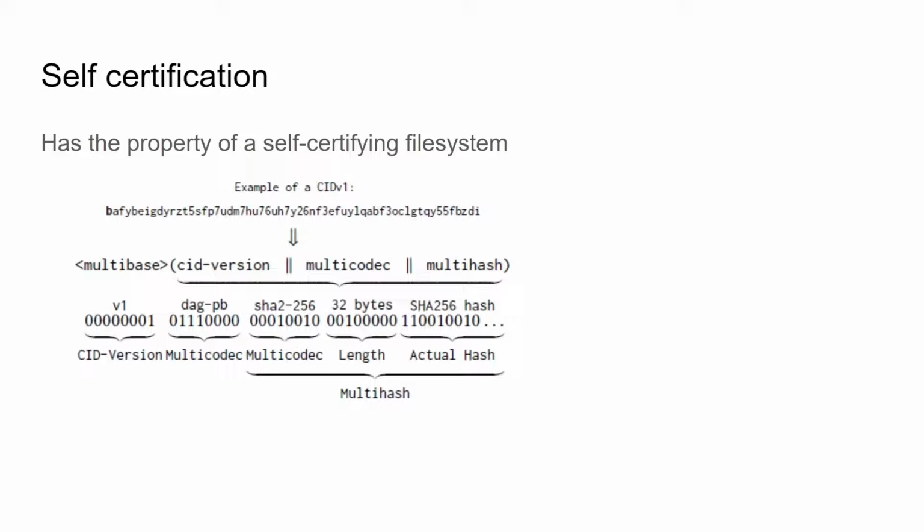So if a node receives content it suspects has been tampered with, it can generate the hash on its own based on the content it receives, and compare that with the CID to verify if the content has been tampered with, since the content ID is immutable. If the hash it generates is different from the CID, it knows that some foul play has occurred.